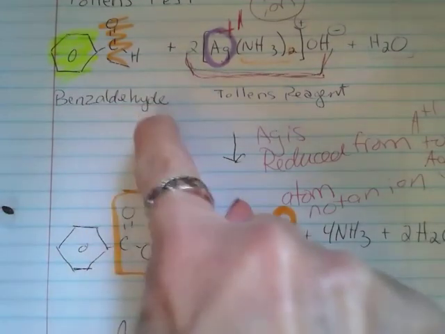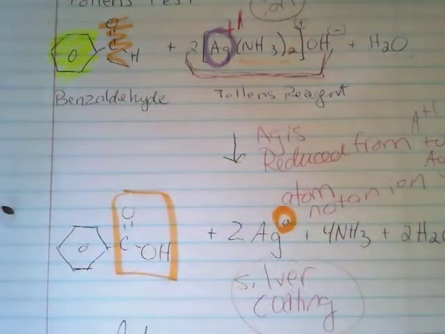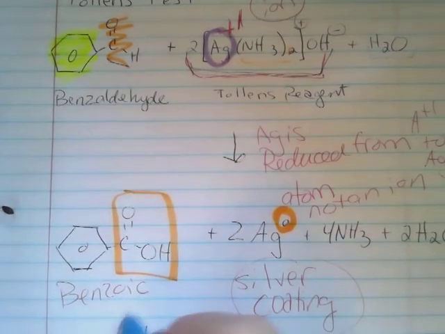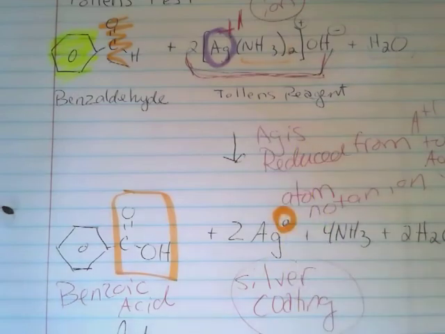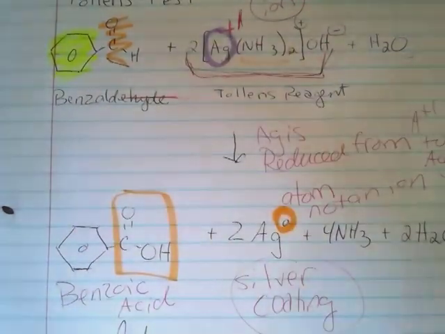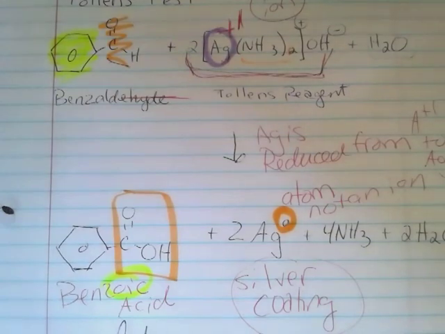This benzaldehyde is oxidized to benzoic acid. Remember, all we do is take that aldehyde off there, and we're going to add oic acid. So it goes from benzaldehyde to benzoic acid. This is the Tollen's test that you saw on the video.